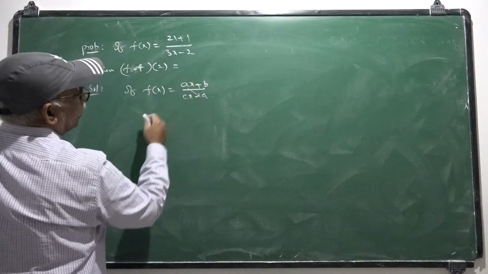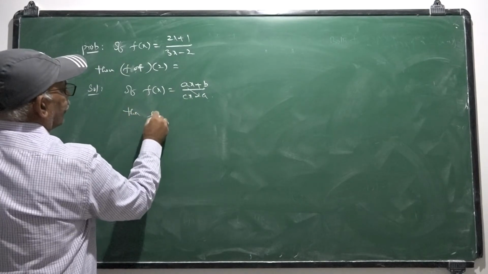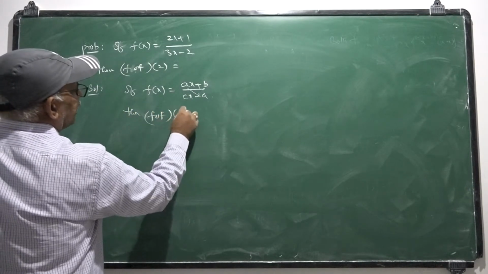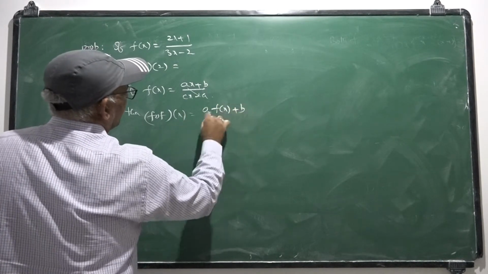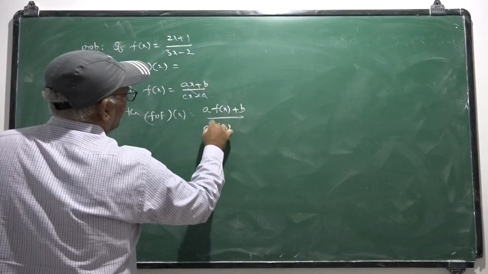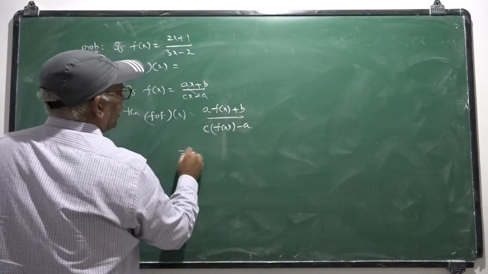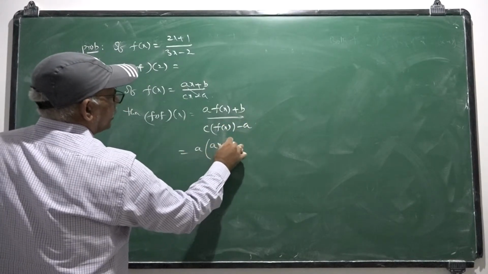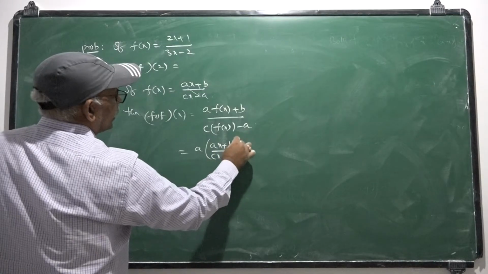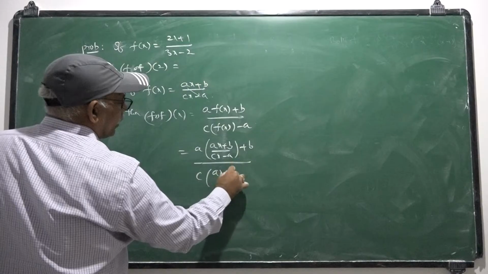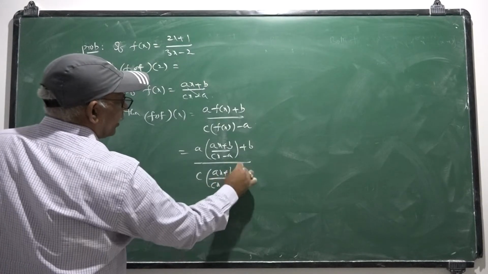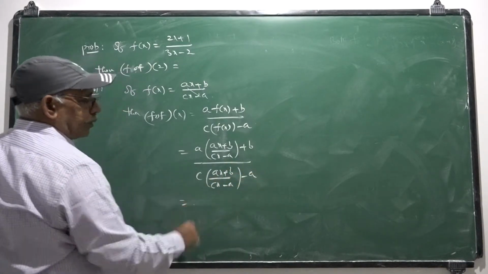Once these two are equal, then consider f circle f of x. That is a of x plus b by c of x minus a. That is a into ax plus b by cx minus a plus b by c into ax plus b by cx minus a minus a.